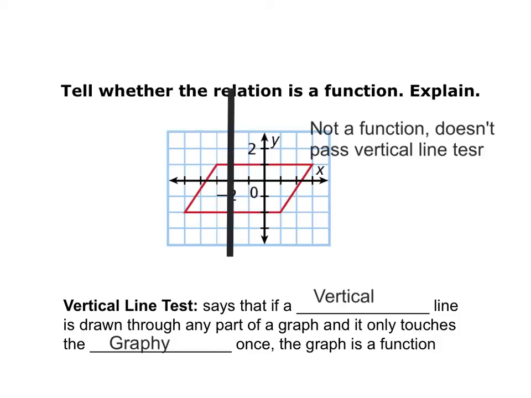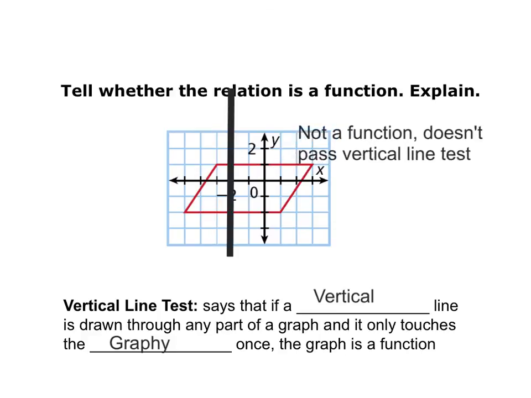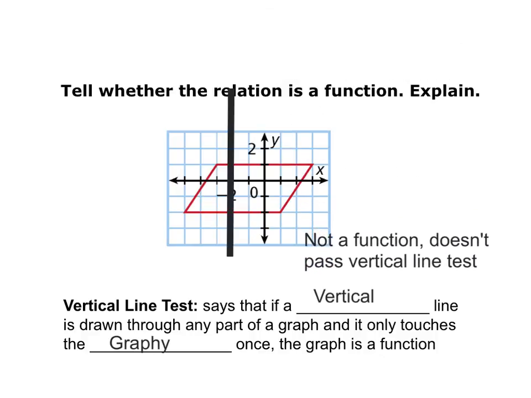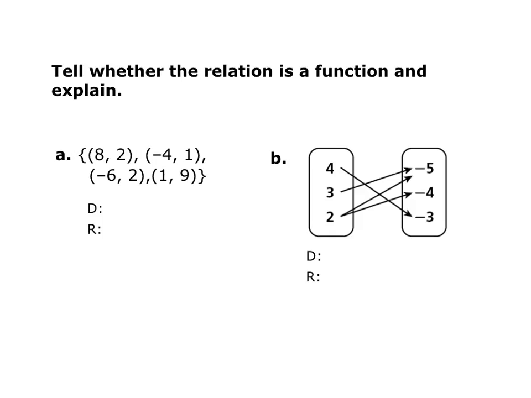So it's that whole idea, once again, that we're seeing two different y values for the same x value. So now these last two again are your turn. So why don't you go ahead and state the domain and range for each one and then state if it is a function. So here our first one, our domain is 8, -4, -6, and 1.